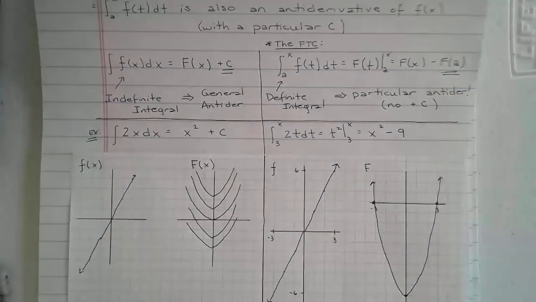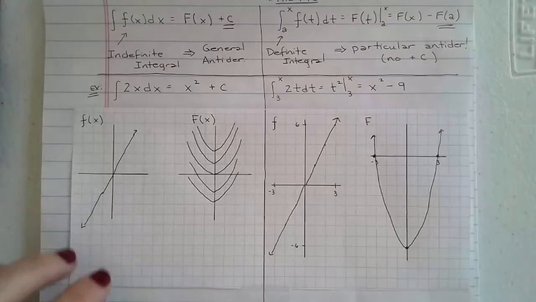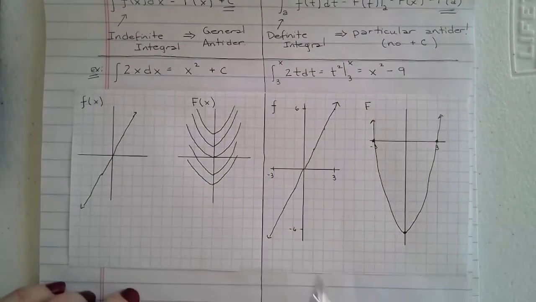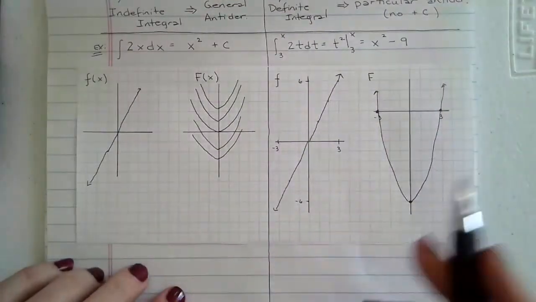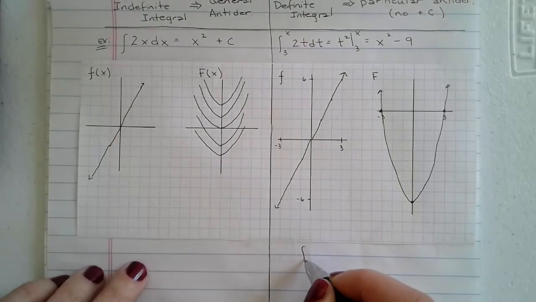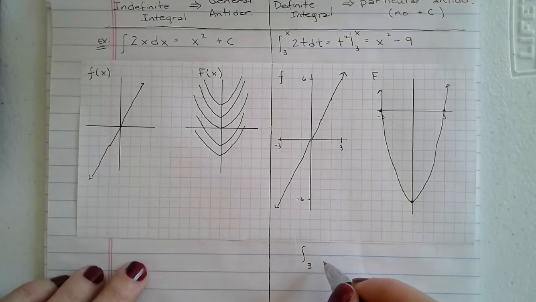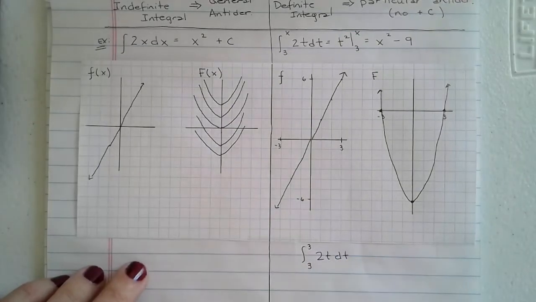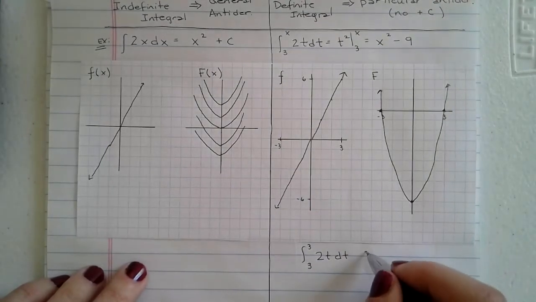Okay, and then let's talk about some of the specific information we get from this. Let's look at actually using this function like we did in the last couple of videos. What if we were to integrate from 3 to 3? We know that value would be 0.